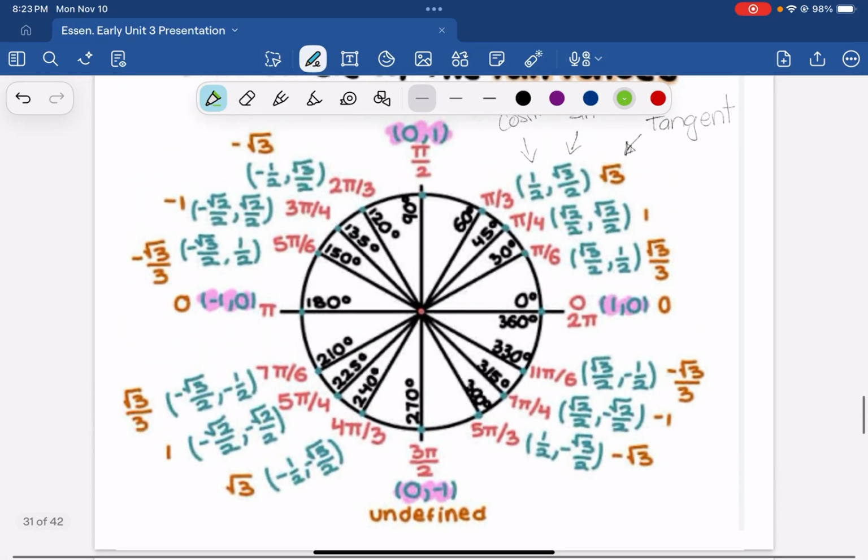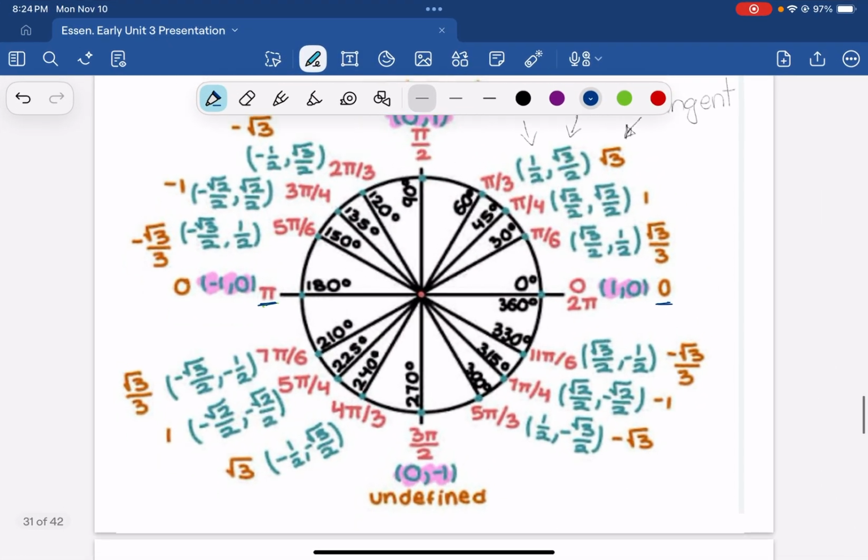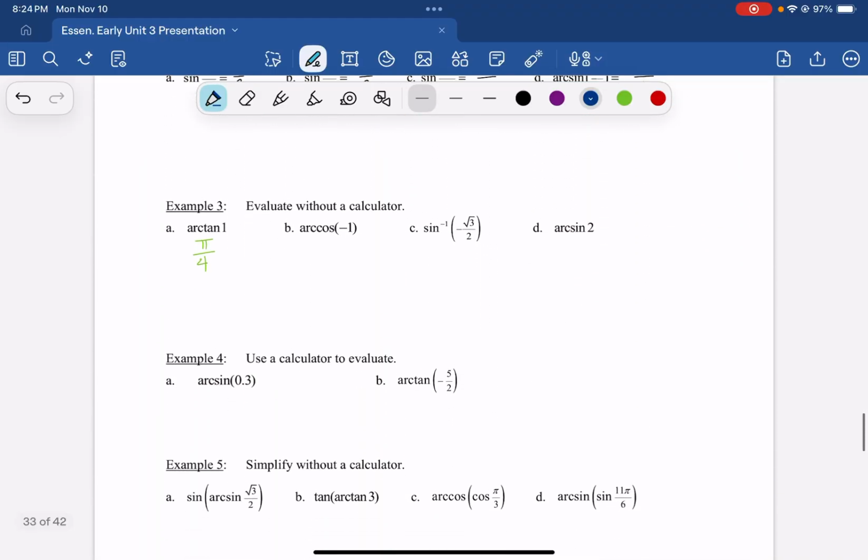Cosine is our x value, so I look for an x value between 0 and pi, and we wanted negative 1. Cosine is negative 1 at pi, so our answer here is pi.